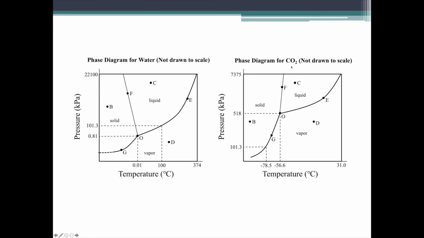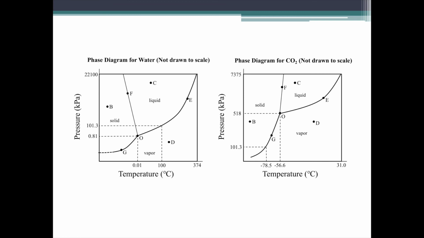Notice carbon dioxide never melts or boils at atmosphere or standard pressure, which means that carbon dioxide does not have a normal melting or normal boiling point. Instead, we can see that it will sublime or deposit at standard pressure at negative 78.5 degrees Celsius.